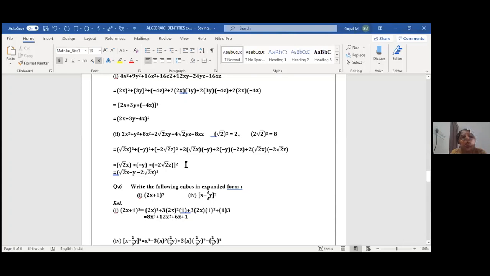Once I get A square plus B square plus C square, then 2AB you write, just match it. Plus into minus, minus 2 root 2 xy we are getting here. Next, minus into plus, 2BC.